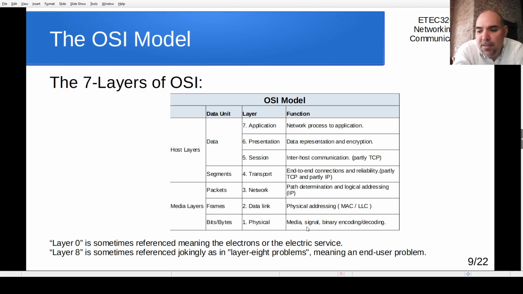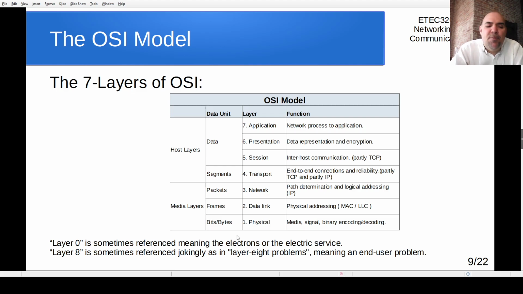So that could be bits or bytes traveling over a wire. It could be bits or bytes that are encoded in some way traveling across whatever the channel is. The channel might be Wi-Fi, it might be optics, like in the case of fiber, it could be electrons in the form of something encoded on a physical wire, but that's the physical layer.